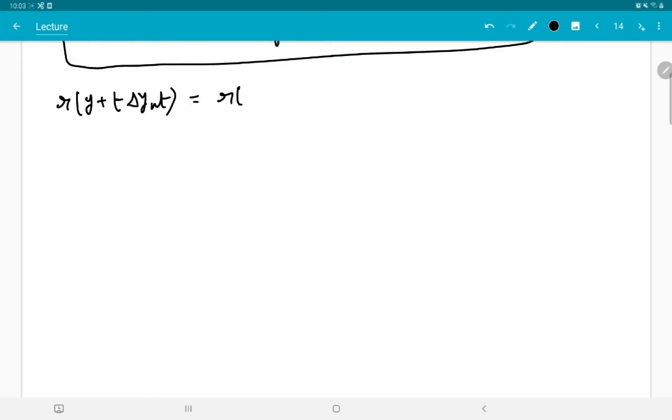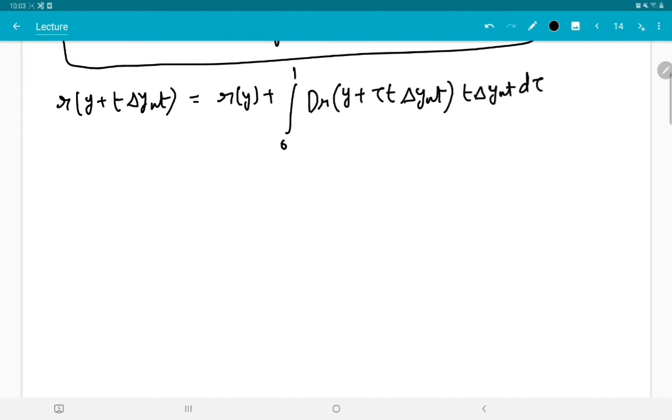And this is equal to r of y plus the integral from 0 to 1 of Dr of y plus tau t delta y nt times t delta y nt d tau, the integral expansion. And now we add and subtract t Dr y delta y nt.